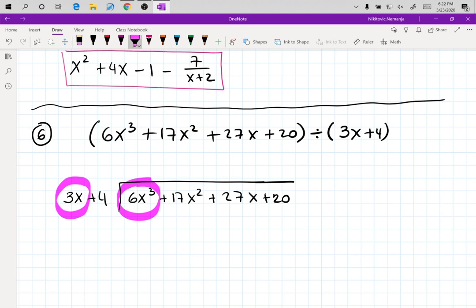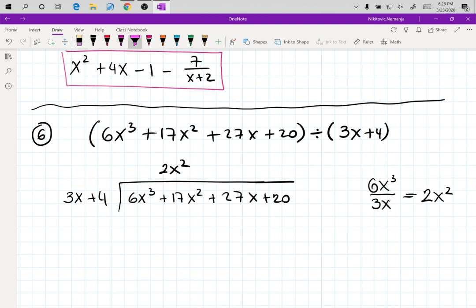So on the side, we say 6x cubed divided by 3x. 6 and 3 cancel down to 2x squared. So the first one is 2x squared. You can always bring the 2 on the side and do the algebra there, divide them, and then bring the answer on top. Once you have the answer on top, you are multiplying back into both.